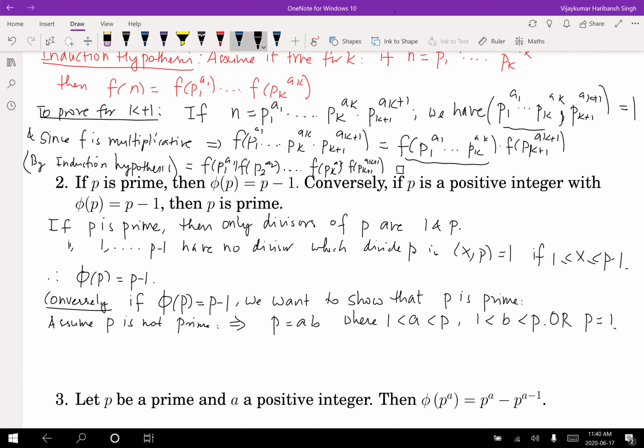Now let's take care of p equals 1. If p is 1, phi of p is 1, which is not equal to 0, which is p minus 1. So p can't be 1.